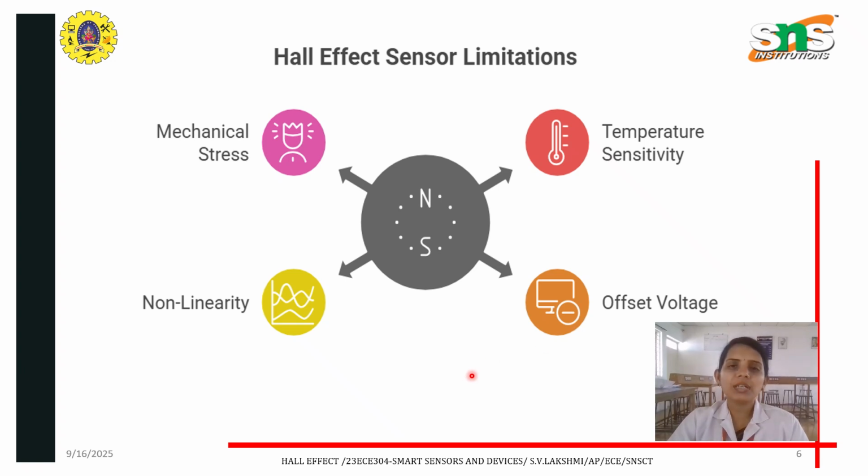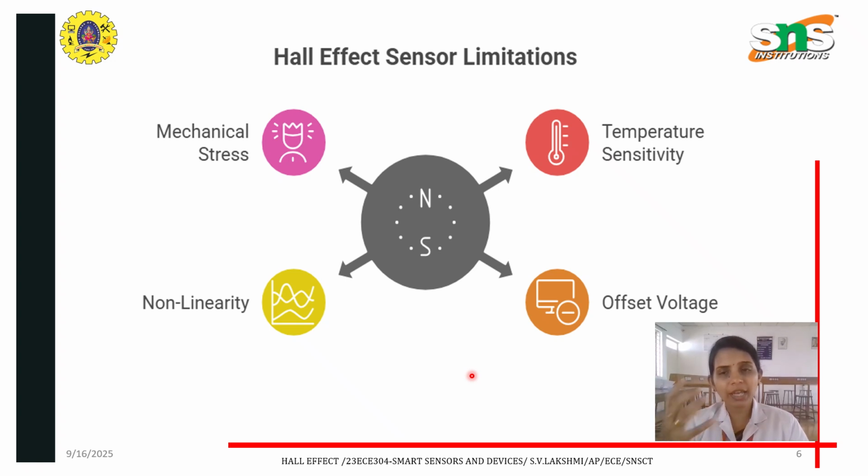Talking about the disadvantages of the Hall effect, firstly there is mechanical stress. When the magnetic field is applied perpendicular to the conductor, there exists some stress which leads to mechanical vibration. Also, it is dependent on temperature, which means the Hall effect sensor is affected by the environmental temperature.